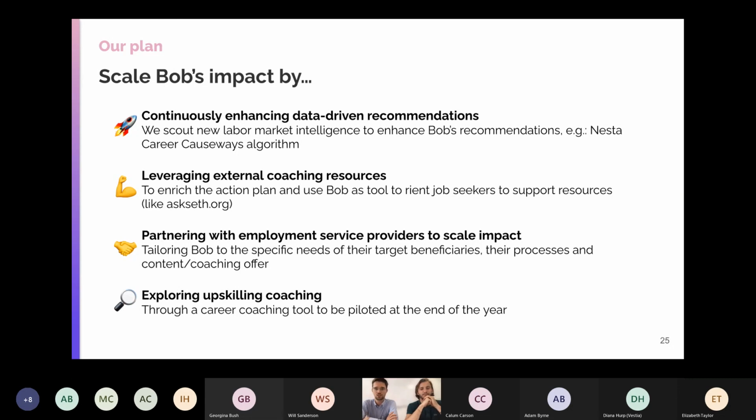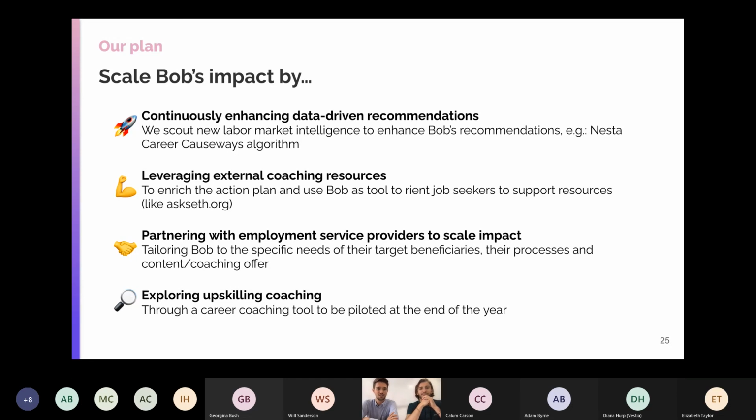So, for example, Nesta just recently released the Career Causeways algorithm that we've been able to leverage and put into Bob to provide some career recommendations. We want to leverage external coaching resources to enrich the action plan that Bob provides to job seekers.